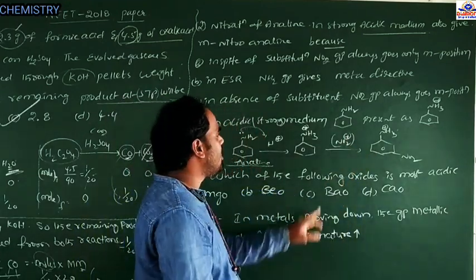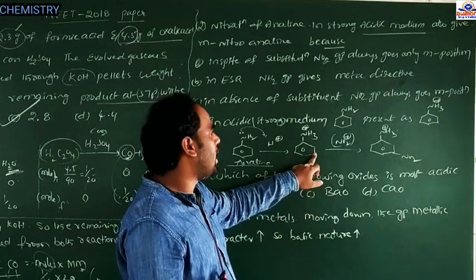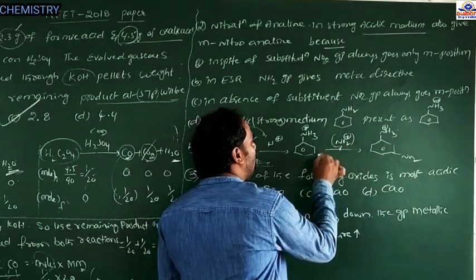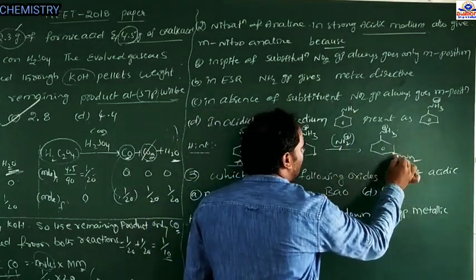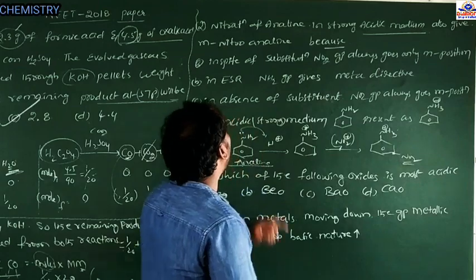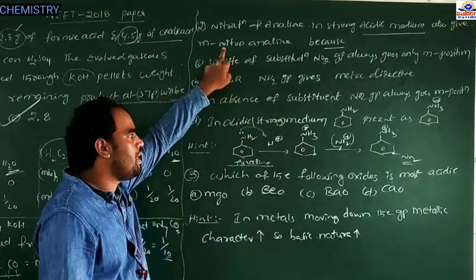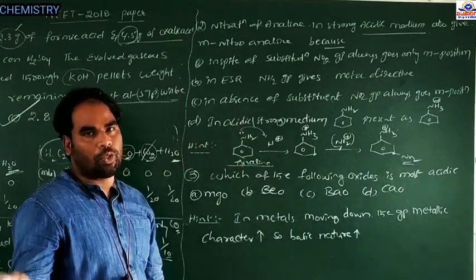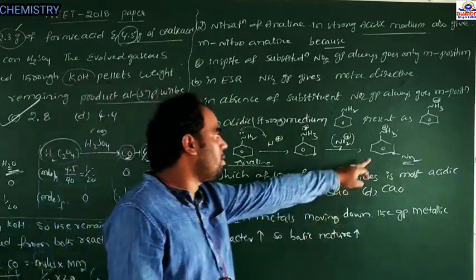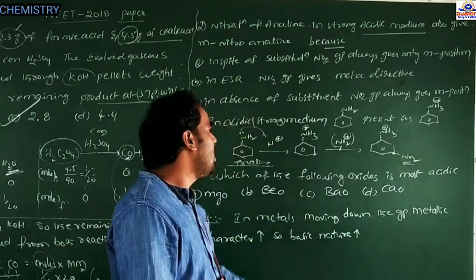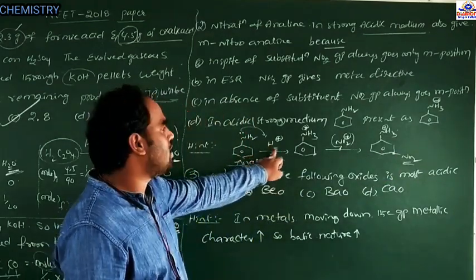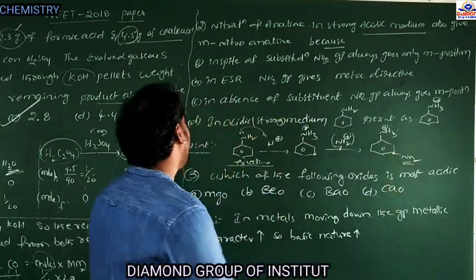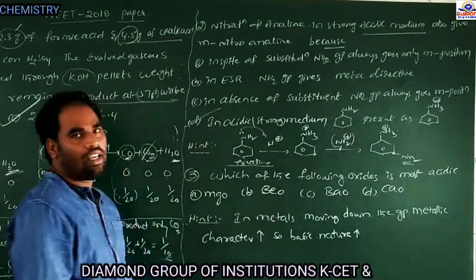The anilinium ion is a meta directing group. Therefore, the NO2 electrophile is substituted at the meta position, and we get meta nitroaniline. Actually, for aniline, with the NH2 group, we expect ortho or para substitution, but here the product is meta substitution. The reason is that aniline in strong acidic media is converted into anilinium ion, which gives meta substitution. Therefore, D is the answer.